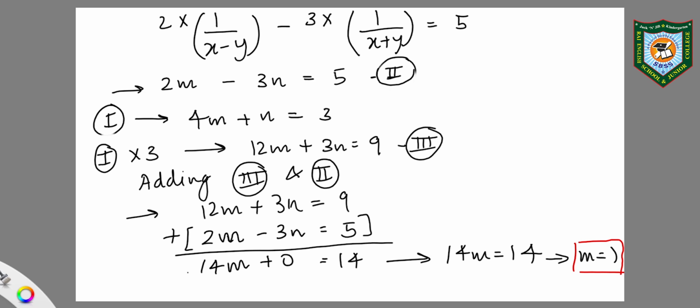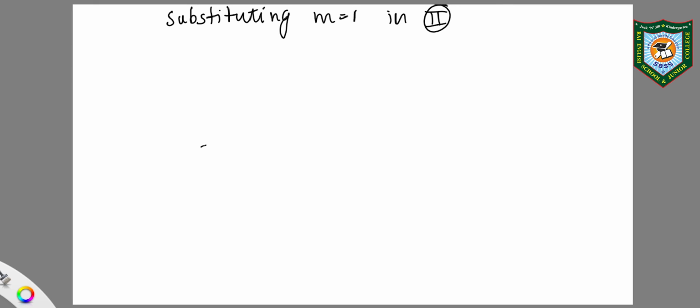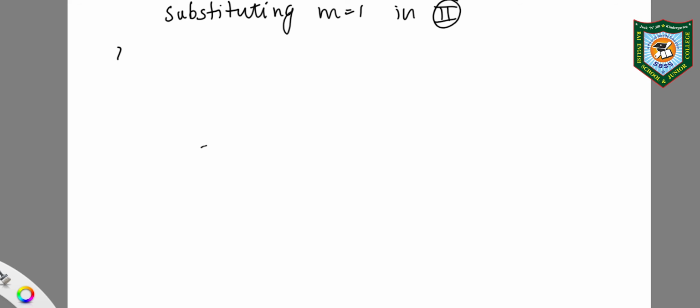In this case, I'll be substituting m is equals to 1 in equation number 2. My equation number 2 was 2m minus 3n is equals to 5.